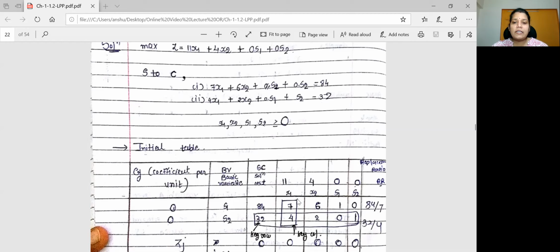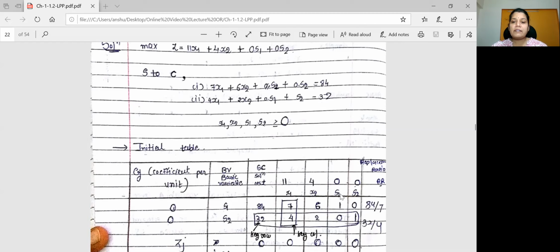In the second equation the solution constant is 32. Again we write the coefficients: the coefficient of x1 is 4, the coefficient of x2 is 2, and the coefficient of s1 is 0, because in our second equation we use the slack variable s2. So the coefficient of s1 is 0 and the coefficient of s2 is 1.